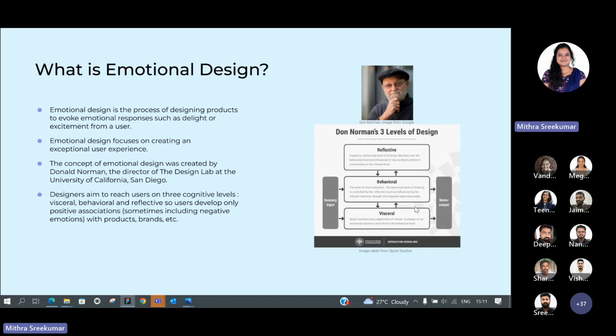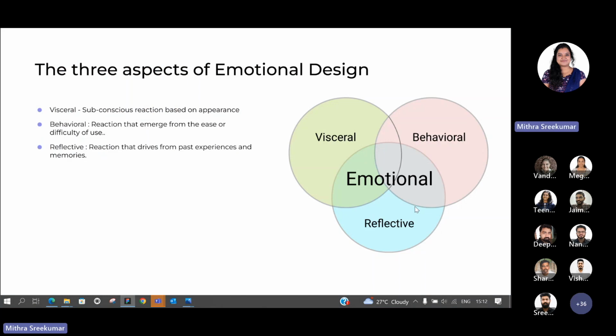So now we can come to our topic, that is, what is emotional design. It was developed by Don Norman, a psychologist, and as we all know, he is the father of UX design. He developed these three levels of design, and concluded that there are three major levels for creating emotional design: visceral, behavioral, and reflective.